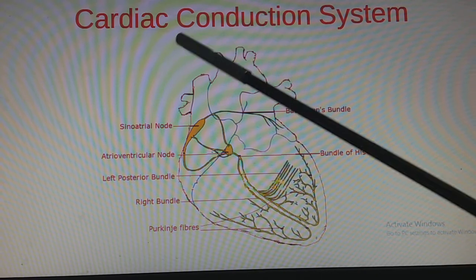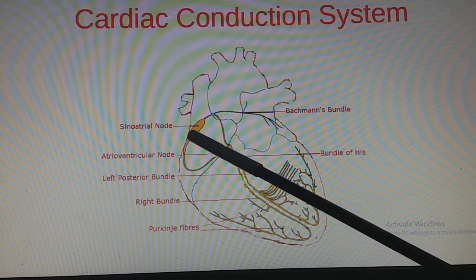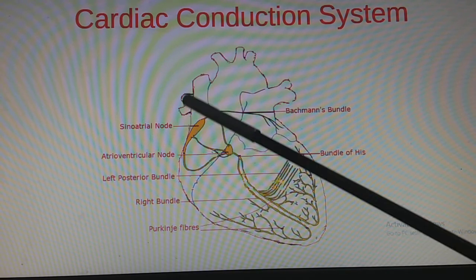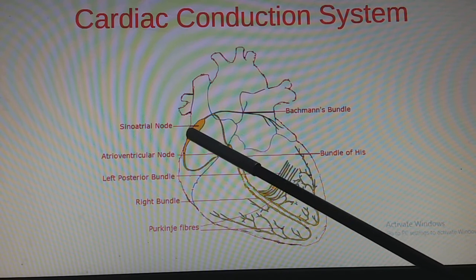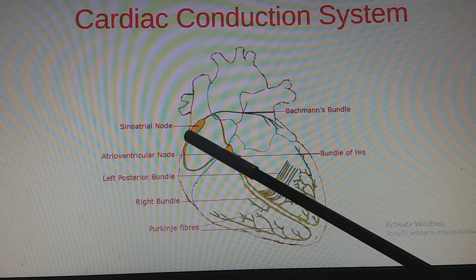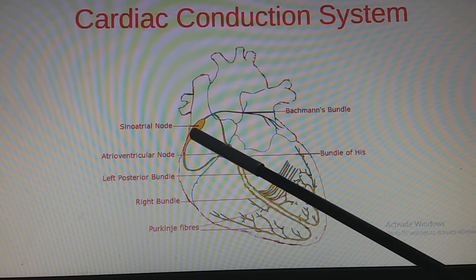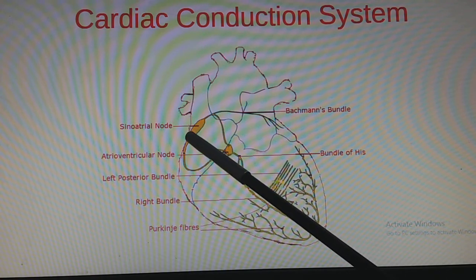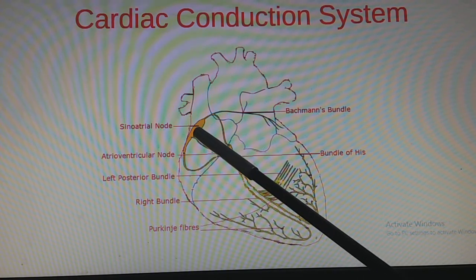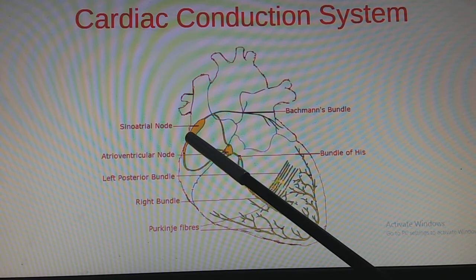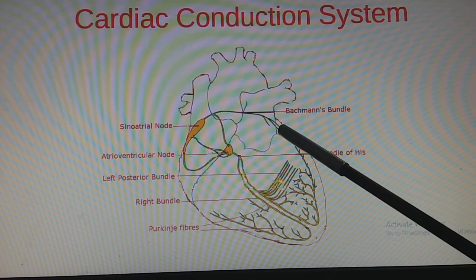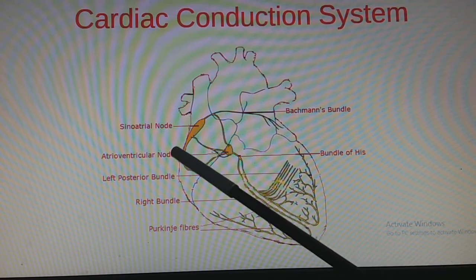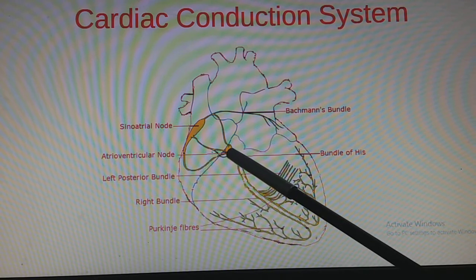Fine. Now, the heart is always conducted through electric impulse. An electrical impulse is generated by the SA node, which is also called the anatomical pacemaker. The sinoatrial node initiates an electrical impulse. With the help of Bachmann's bundle, it continues to the left atrium. Then the electrical impulse moves forward to the AV node.